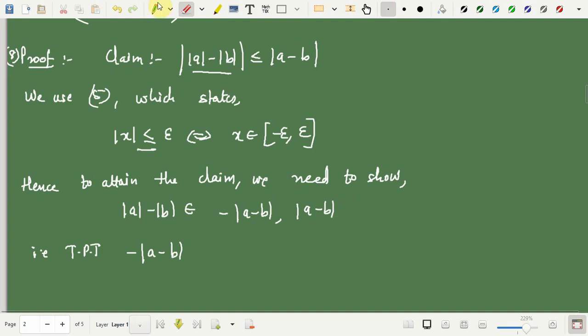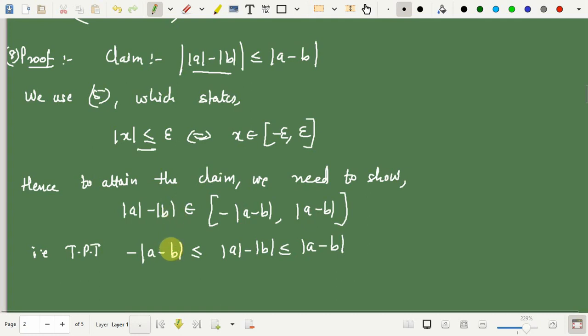And so when closed intervals are considered, the end points are also considered. So therefore this has to be less than or equal to mod of a minus mod of b and less than or equal to mod of a minus b. So we need to show this, and that we show using the triangle inequality.